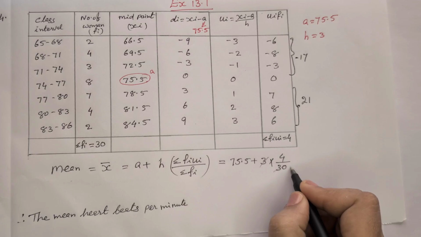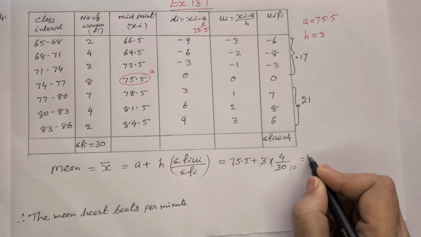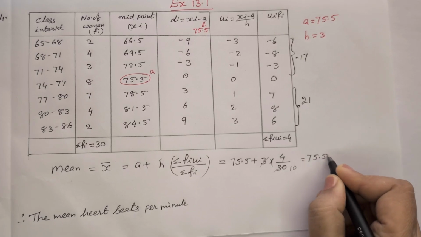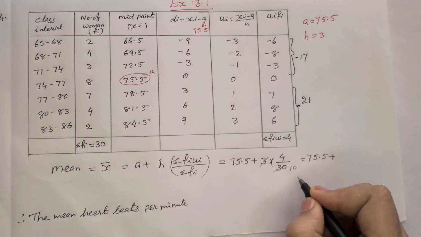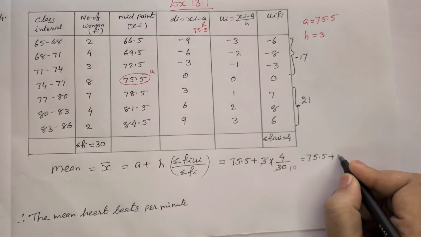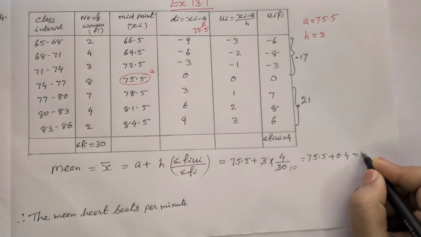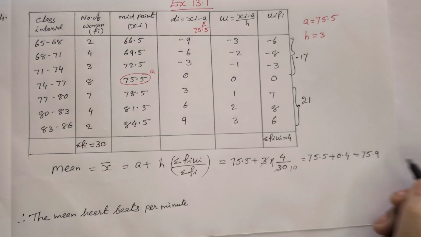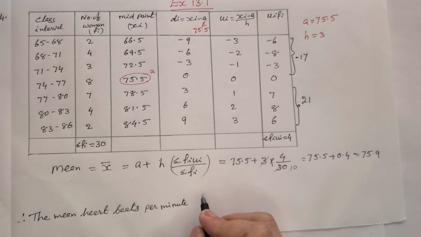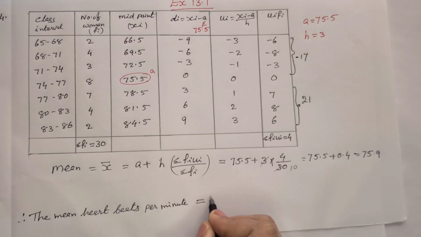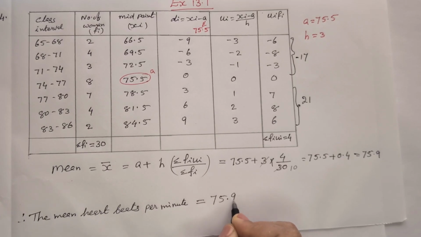We can divide by 3, here 10, which is equal to 75.5 plus 4 by 10. 4 by 10 is 0.4. It's equal to 75.9. So we can write, therefore the mean heartbeat per minute is equal to 75.9.